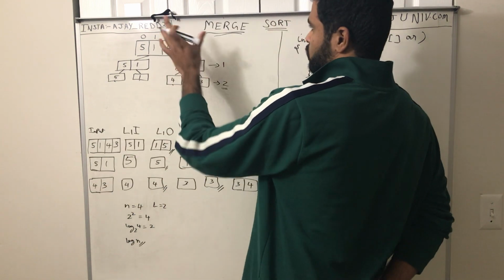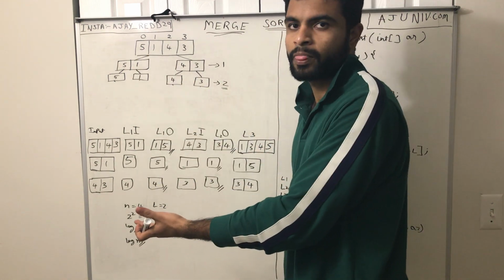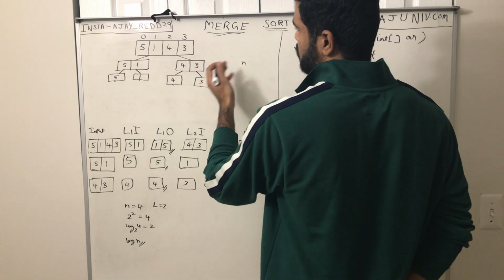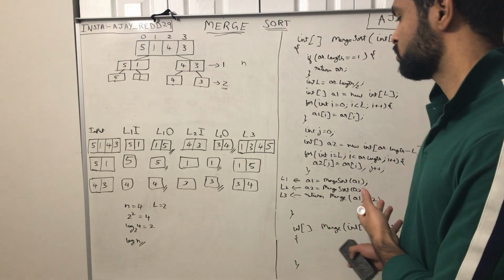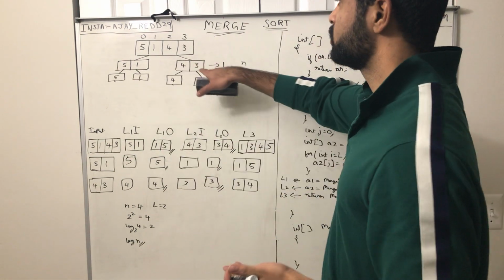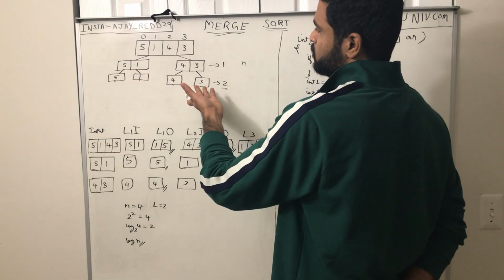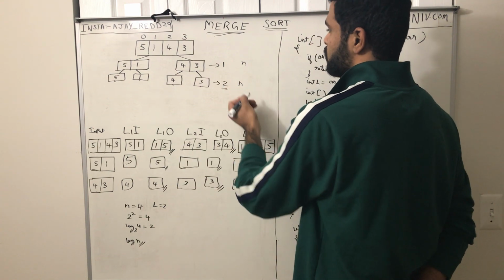So for splitting this array into subarrays, I need log n levels, okay, and at each level I'm merging n items. At this level I'm merging n items. As I said, the merge function will take linear time, big O of n time. So here I'm merging n items, which would take n time, and again I'm merging n items at this level, which will again take n time.